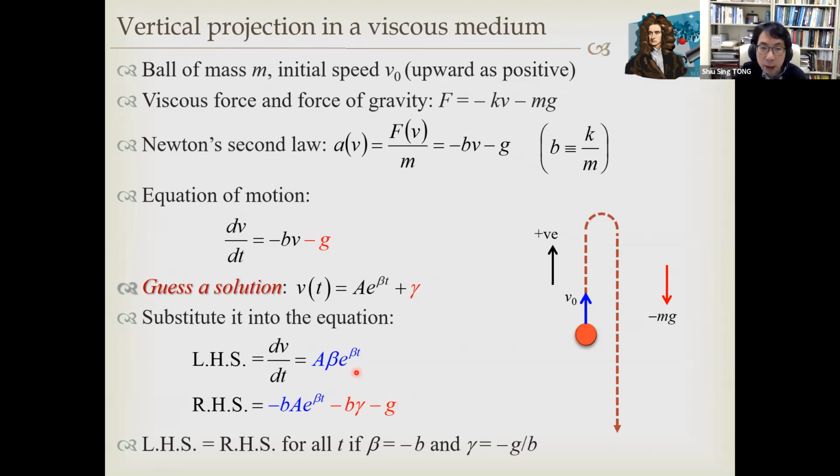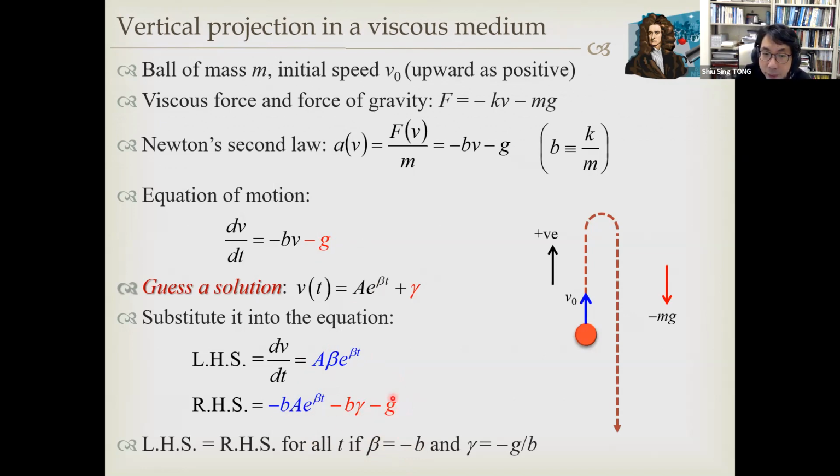Now we immediately realize that the exponential parts can be made equal to each other, just like what we did in our previous example. We can make them equal by setting beta equal to minus b. So by setting beta equal to minus b, those parts will cancel each other, and that will be satisfied for all time t. The only thing that is left over is these two terms, minus b gamma minus g.